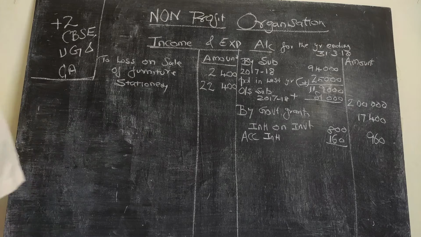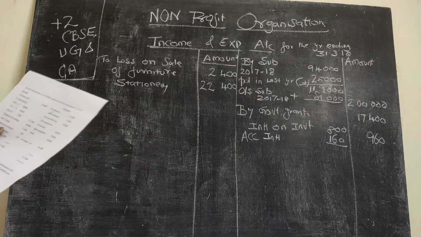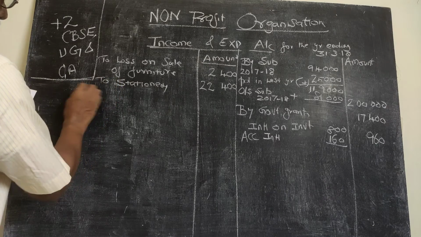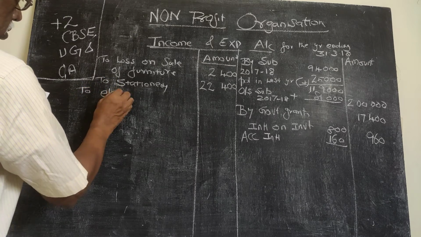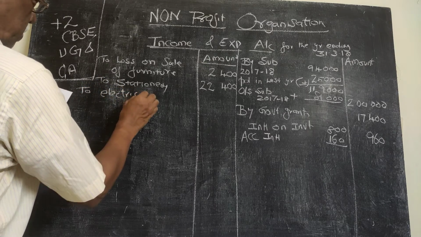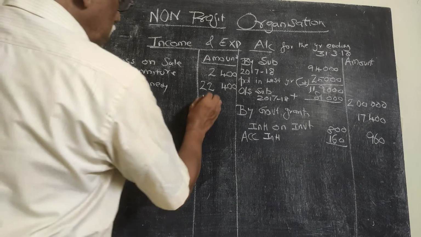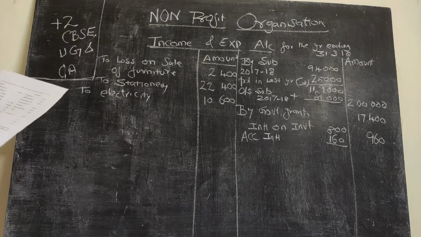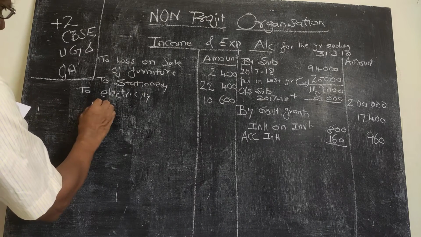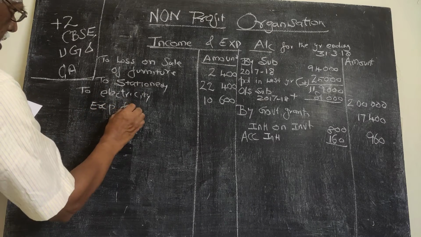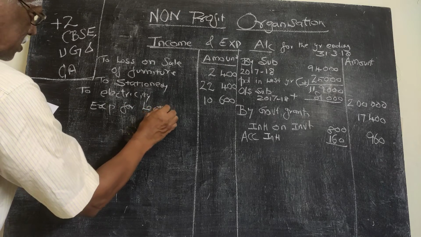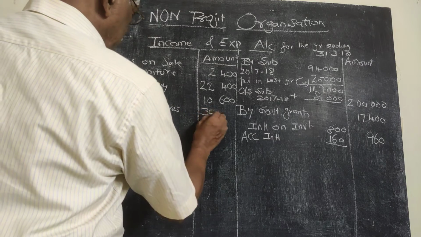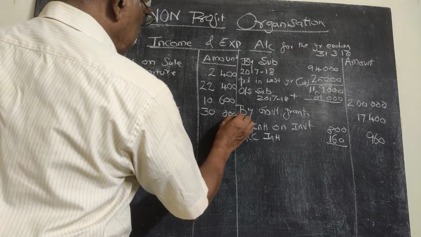Now, the next entry, 12% investment, is a balance sheet item. Electricity expenses: no adjustment, so only 10,600. Expense for lecturers: the club had spent 30,000 rupees on the lectures given by lecturers.